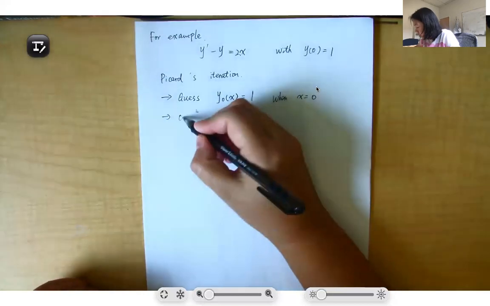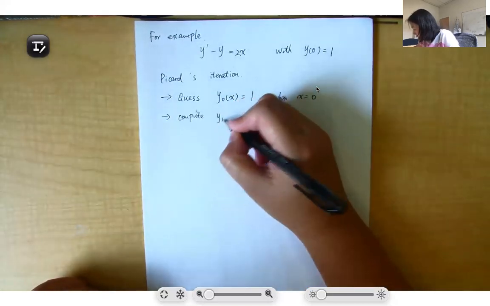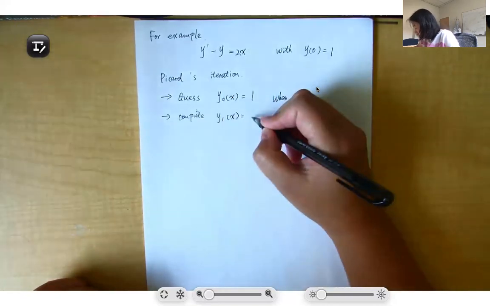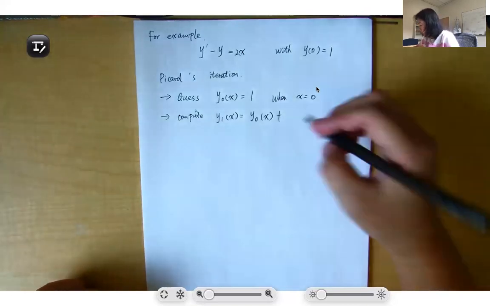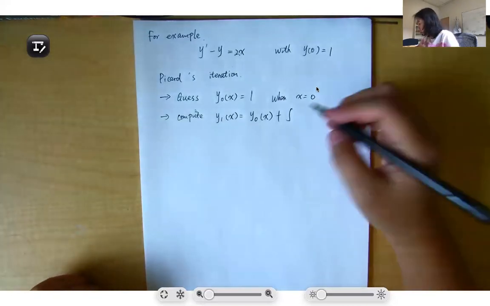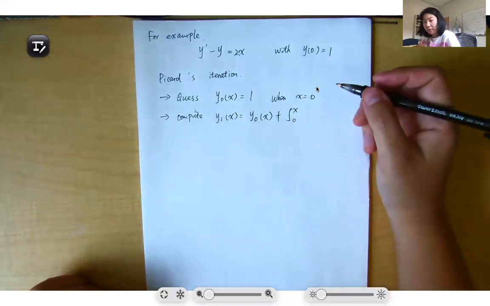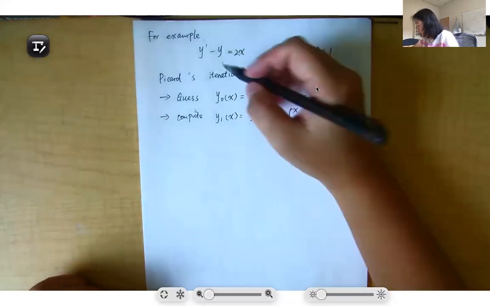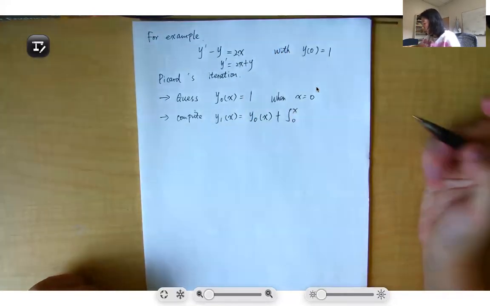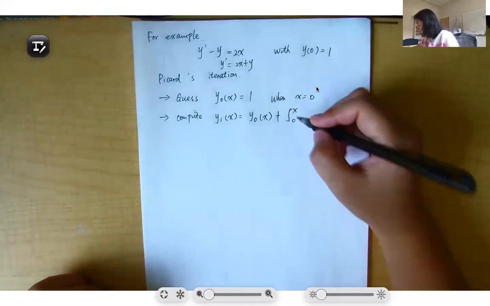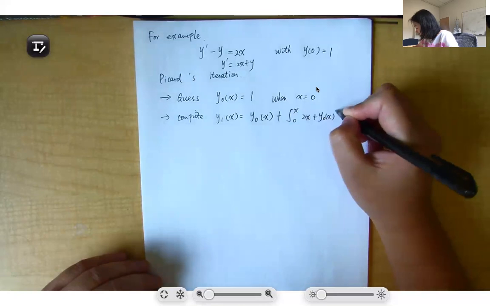So we compute y1(x), which equals y0 plus the integral from 0 to x. We know that y prime equals 2x plus y, so the integral part will be the integral of 2x plus y0(x) dx.